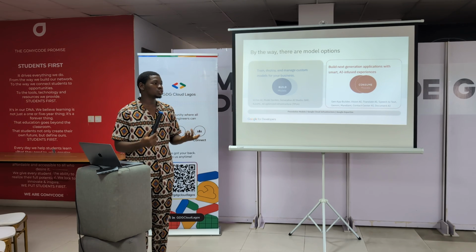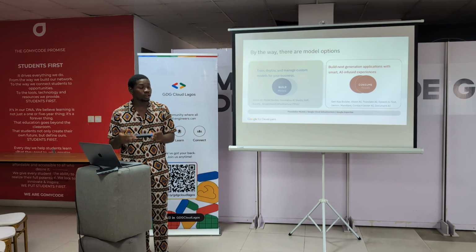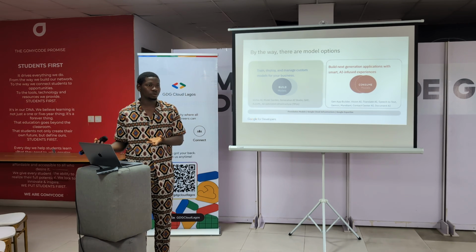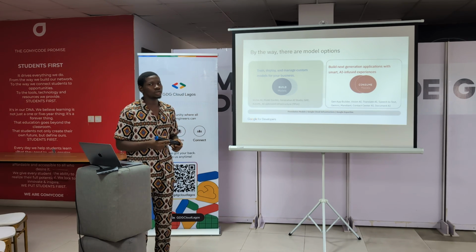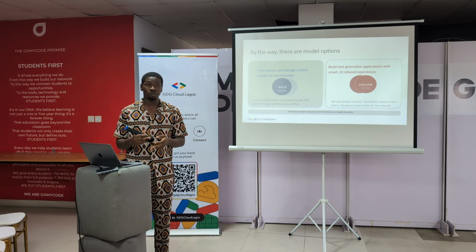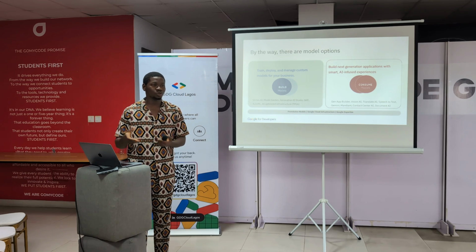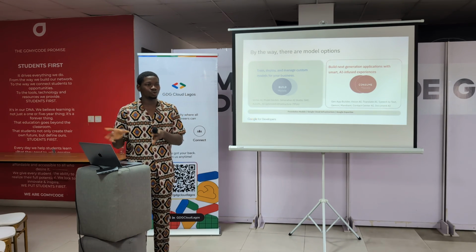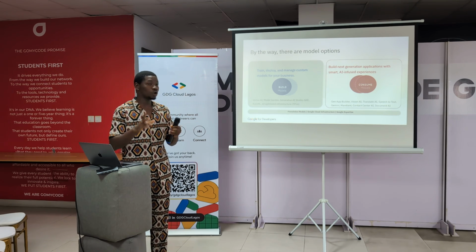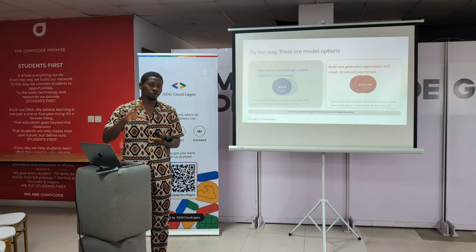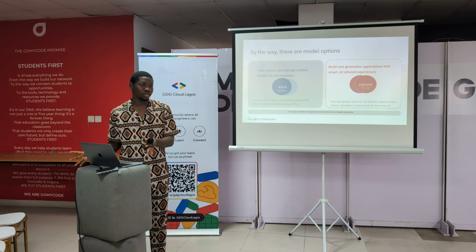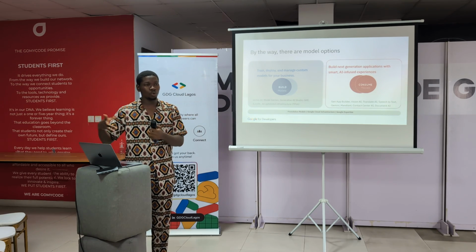There are different ways whereby you can get these ML models. It's either you build a model or you consume a model. If you are building a model, you can use Vertex AI, that's what people have talked about, and you can also use AutoML. In this case, the model is already created for us. You just need to go there, plug in and play. If you want to go a step down, you can go to GKE and have your model, train it on your containers, and work on it.